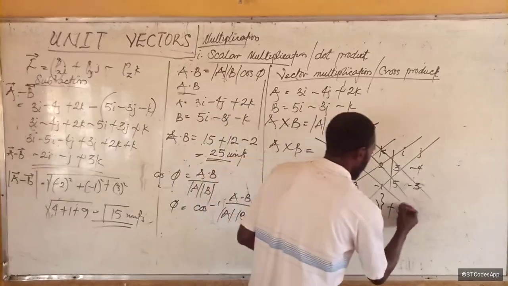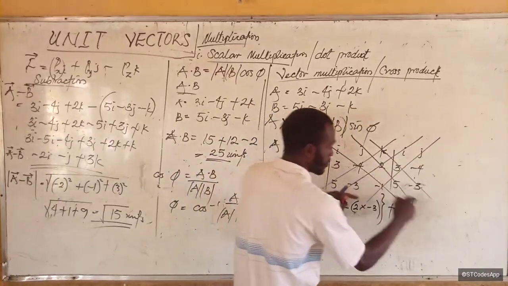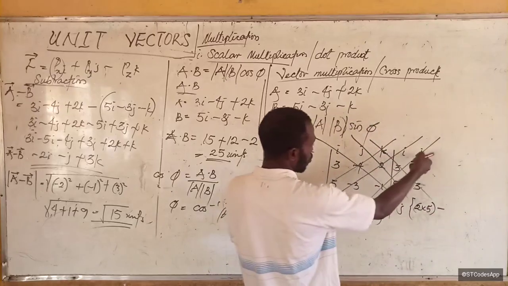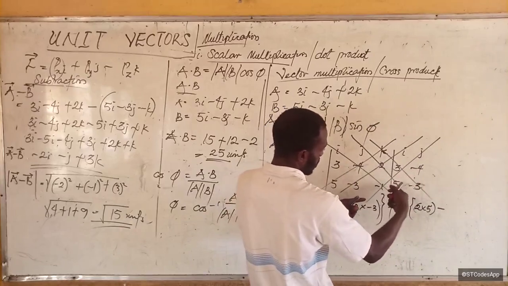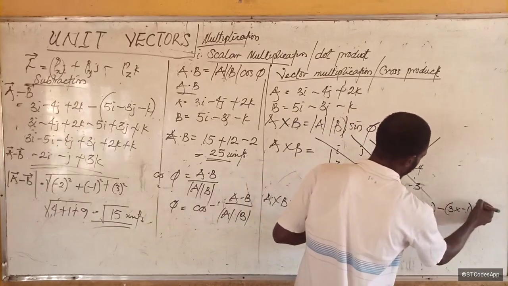I go to J. For J, I'll go to the J, 2 by 5, I have 2 by 5, minus, I go to J again, 3 and -1, that is 3 times -1.